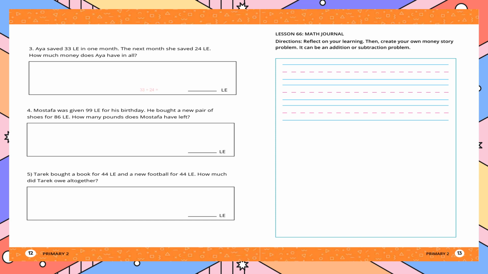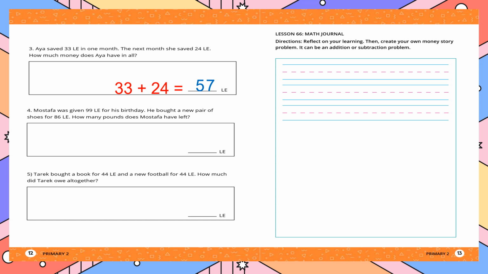So 33 plus 24. As we said before, we start with ones. 3 plus 4. After 4, 5, 6, 7. 3 plus 2. After 3, 4, 5. 57 LE.